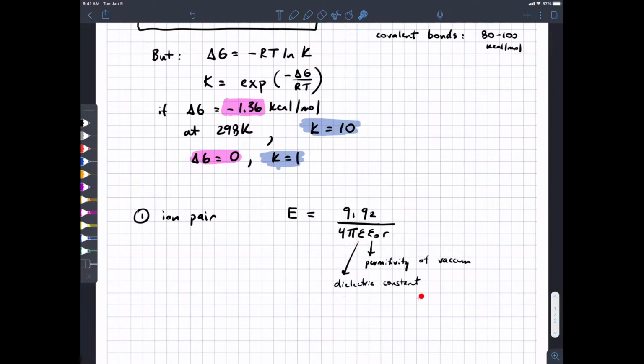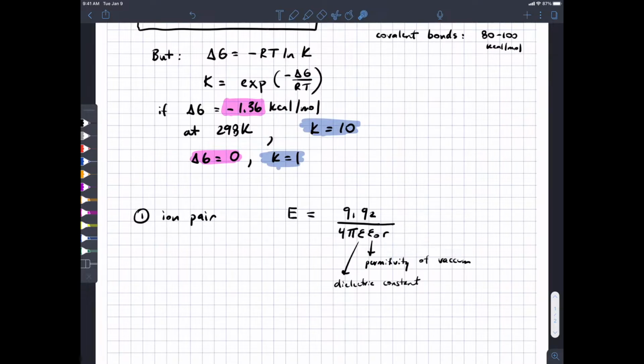But let's talk about what this dielectric constant means. This is important because it describes the ability of the space between the two charges to respond to and adjust to the electric field between the two charges. And you can see based on this equation that if our dielectric constant is high, the energy of interaction between charges is going to be lower.